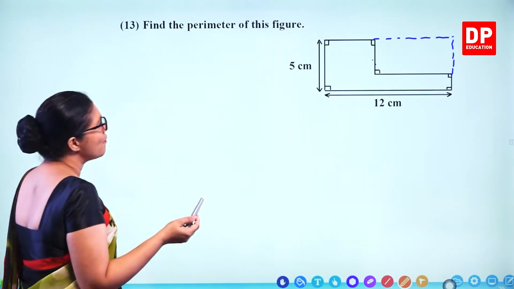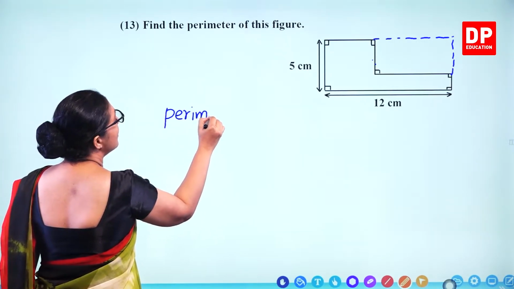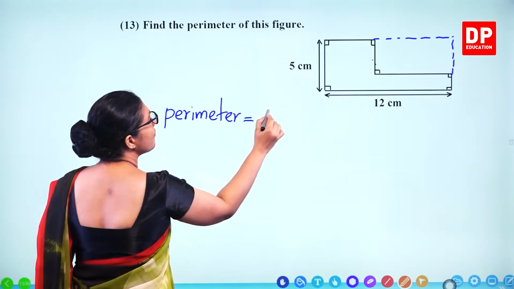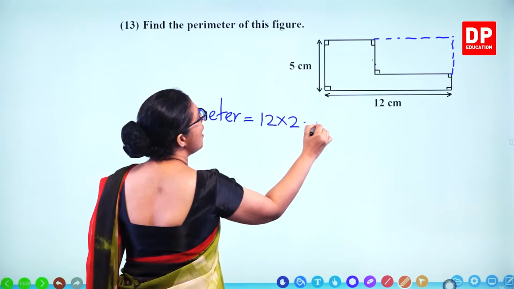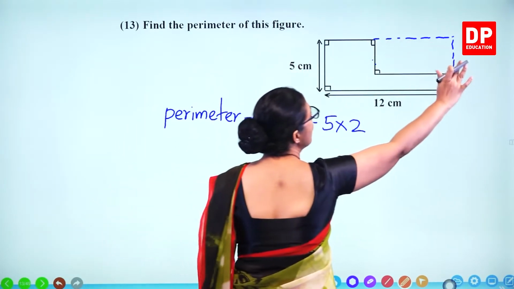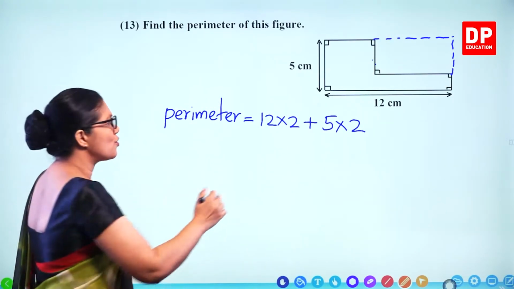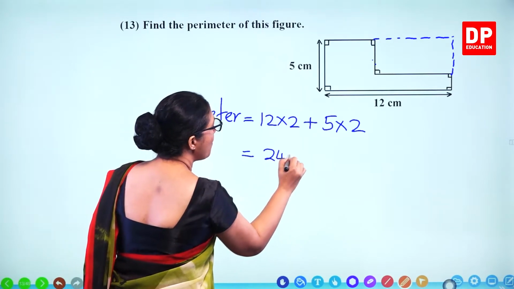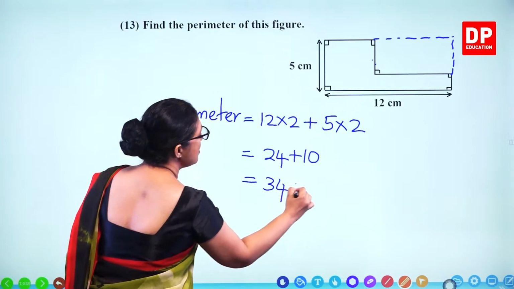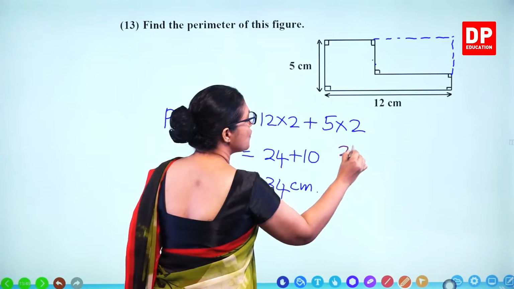So perimeter of the rectangle is length times 2. That means 12 times 2 and width times 2. 5 here, 5, 12 and 12. 12 times 2 and 5 times 2. 24 plus 10. 34 centimeters. 2 marks for that.